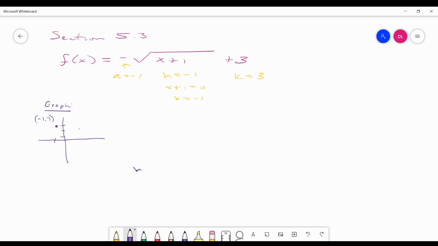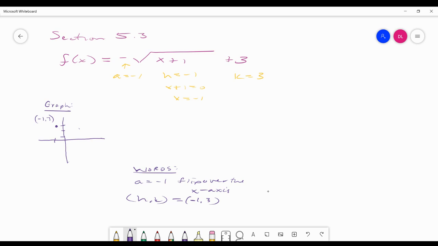So if we're down here in our words section, we know our a is negative 1, which is going to flip over the x. And we know our h and k is equal to negative 1 and 3.